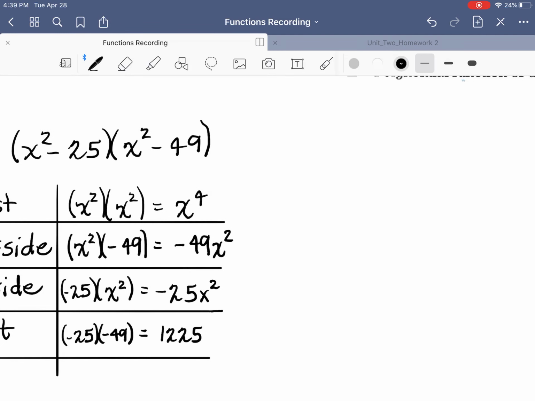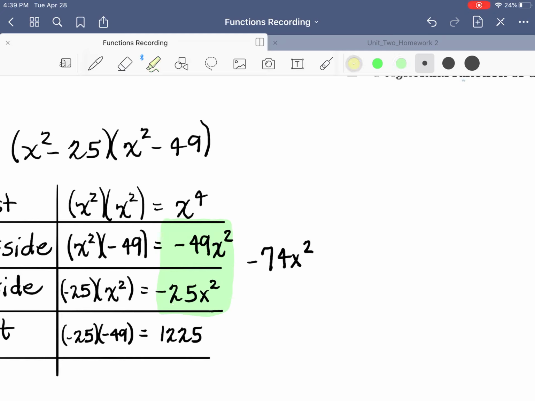So the next thing that I'm going to do will be to combine like terms. These terms are like terms. They're both square terms, or second degree terms. So negative 49 and negative 25, you would be adding those two negatives. You could also say negative 49 minus 25 will give you the same answer, which is negative 74x squared.